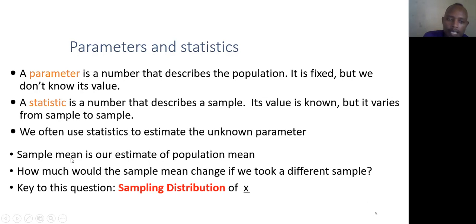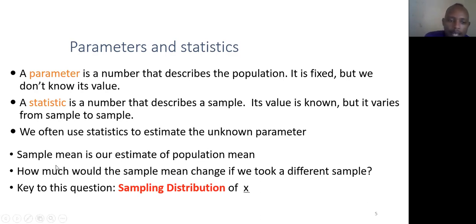For example, the sample mean is our estimate of the population mean. This sample mean is used to infer, to generalize, to talk about the population mean. But the problem of the sample mean is that it changes.